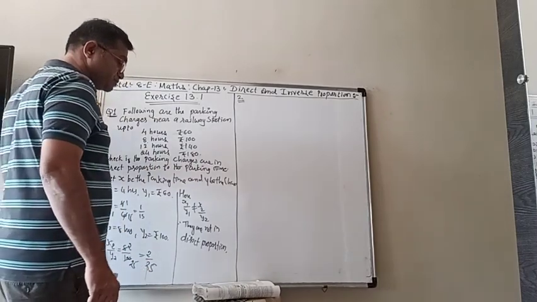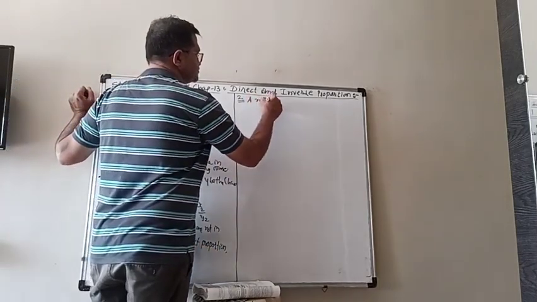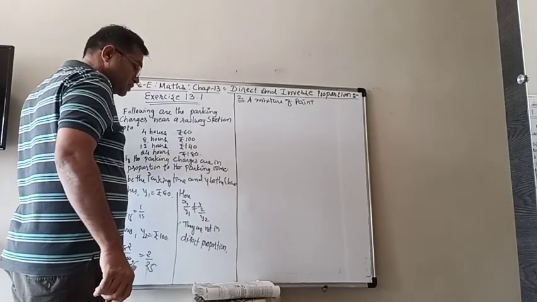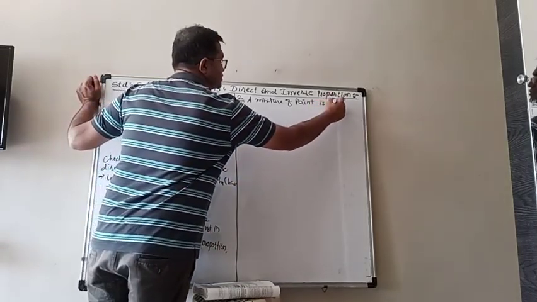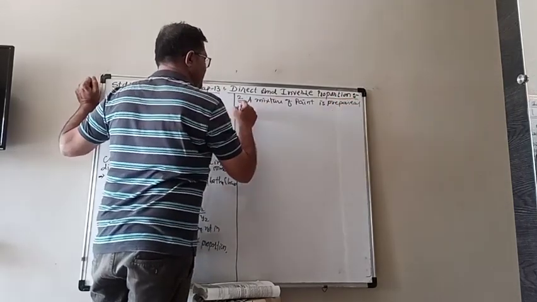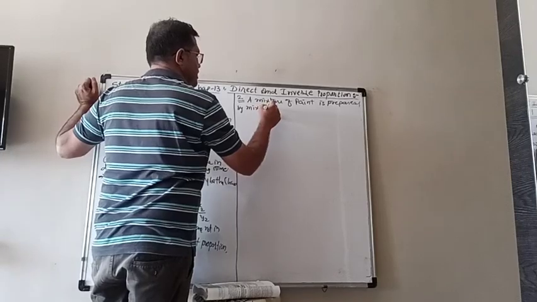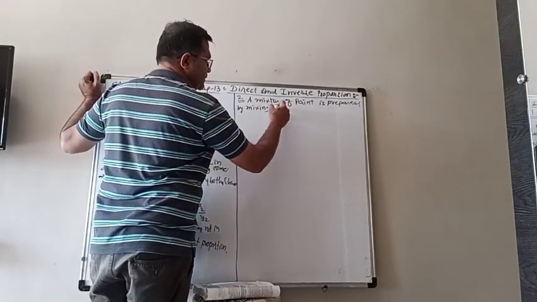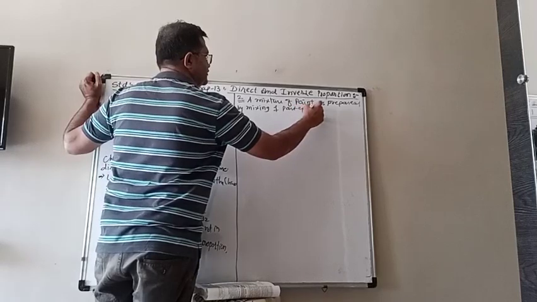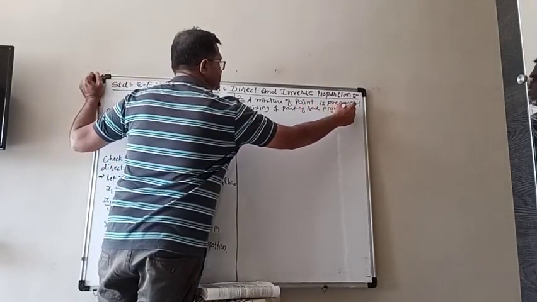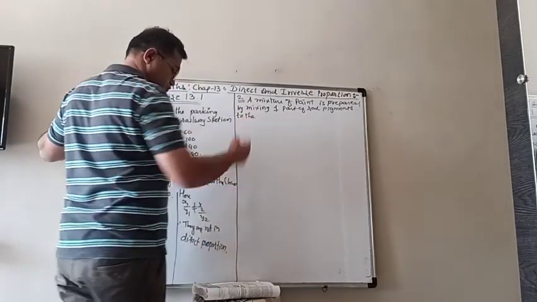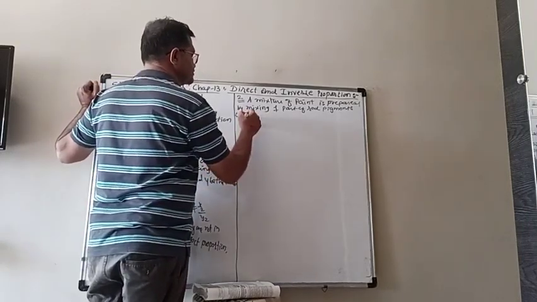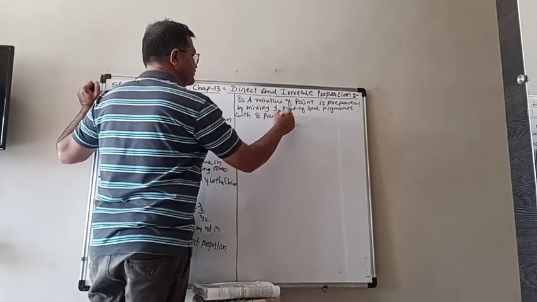Now the second question, a mixture of paint is prepared by mixing 1 part of red pigments with 8 parts of base.